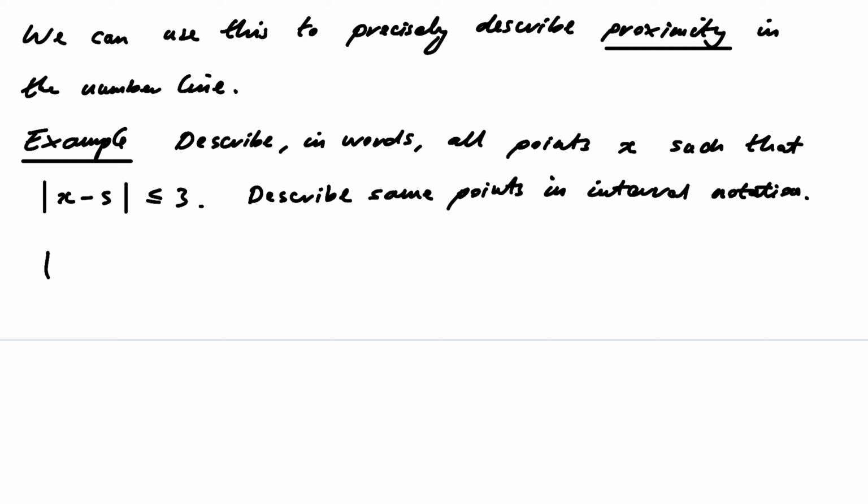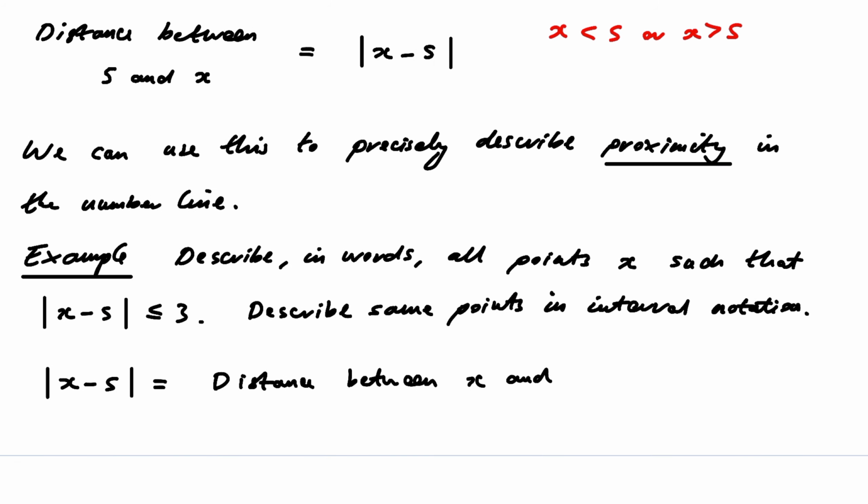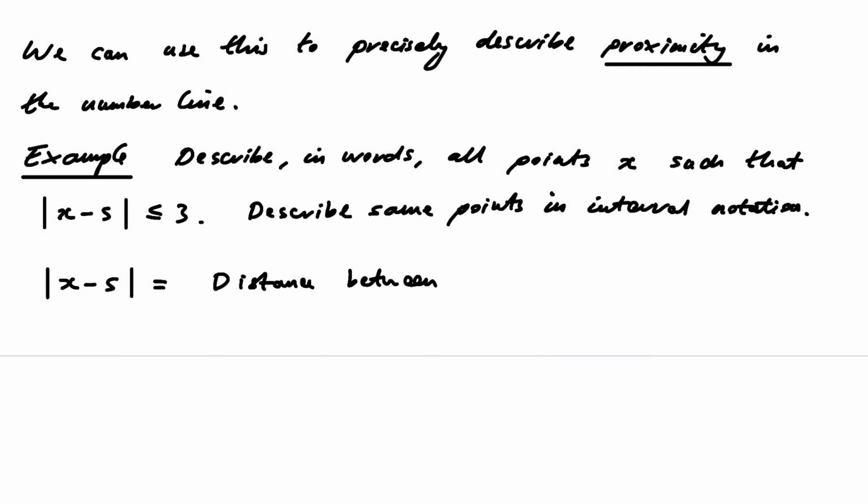First of all, we've already done this, but the absolute value of x minus 5 in words is the distance between x and 5 or 5 and x, it doesn't matter. I'll do exactly as before. The distance between 5 and x and x and 5 is the same, but we'll do distance between 5 and x.